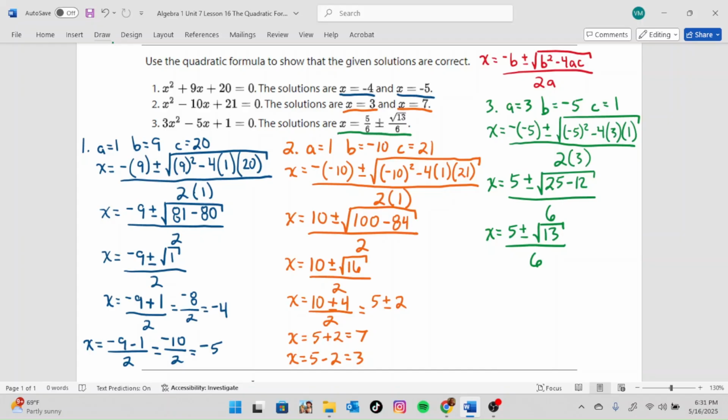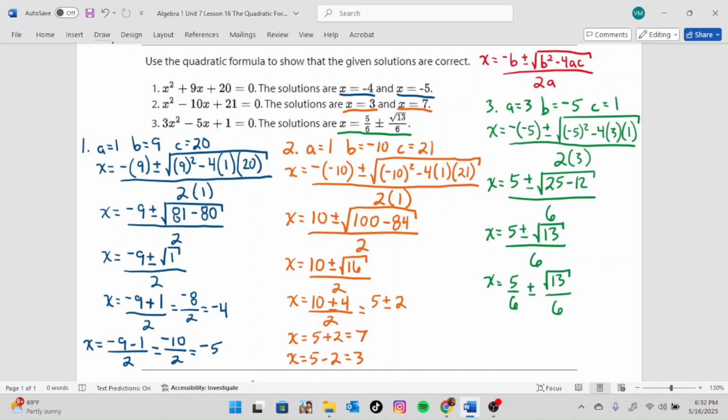What they've done is they've taken the 5 plus or minus the square root of 13, and they've split it into two different fractions, both over 6. So they have simply rewritten this as 5 over 6 plus or minus the square root of 13 over 6. These both represent the exact same amount.